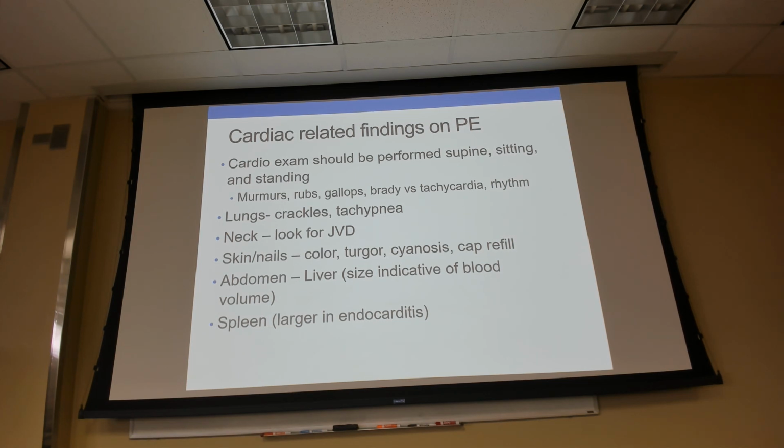And then always, you guys have probably at this point learned clubbing, cyanosis, those type of things. Certainly if you see this as prolonged in a child, you can see this. The liver can back up, so we see a very large liver. It can take up a lot of that right side. It's blood volume, so it's basically holding off. It's like, hold on, the heart can't handle this right now.